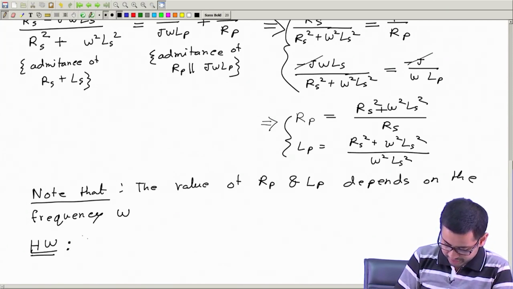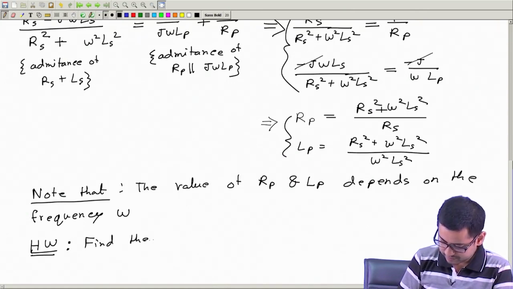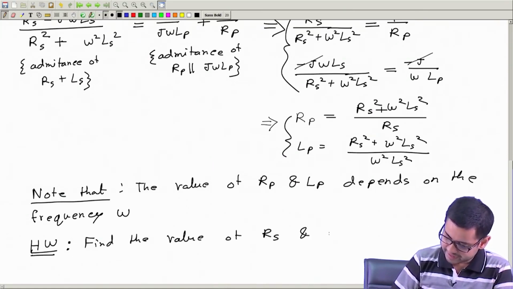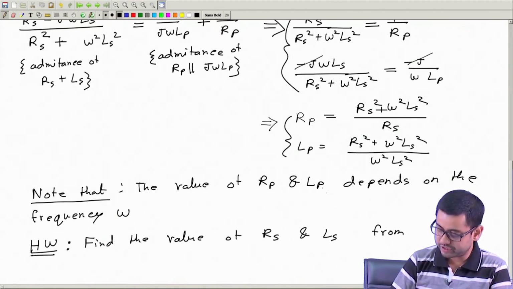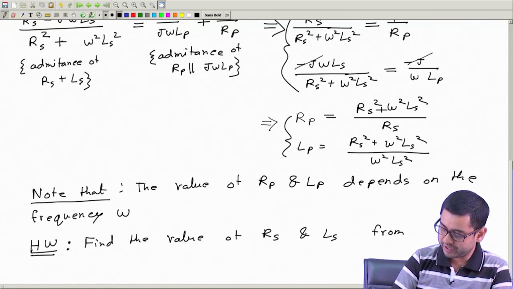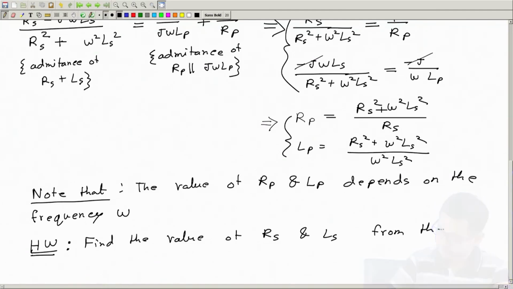Your homework will be to find the value of Rs and Ls from the given value of Rp and Lp. So, this is a small exercise I would like you to practice.